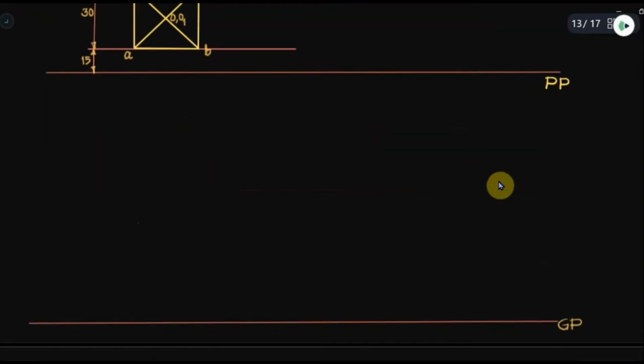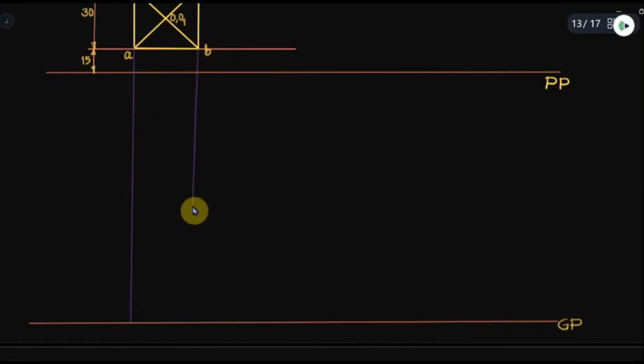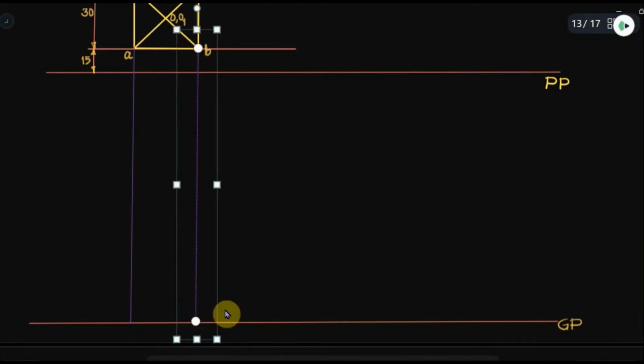So for that purpose, we need to construct the projector lines. So let me draw light projector lines from your top view. Usually we project it above, but here we have to project it below because the front view has to be situated below the top view.